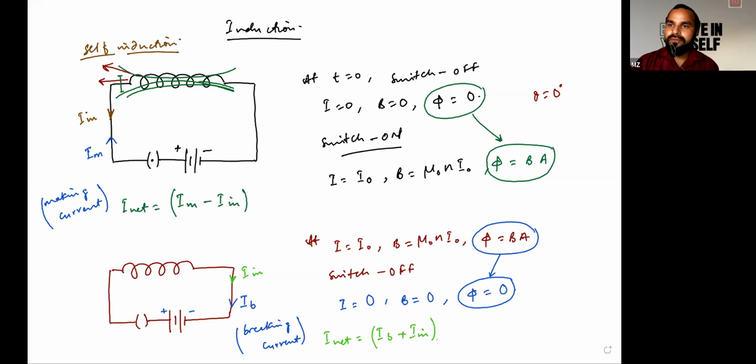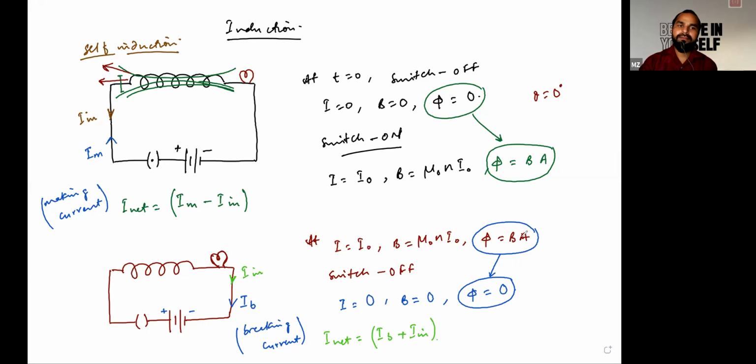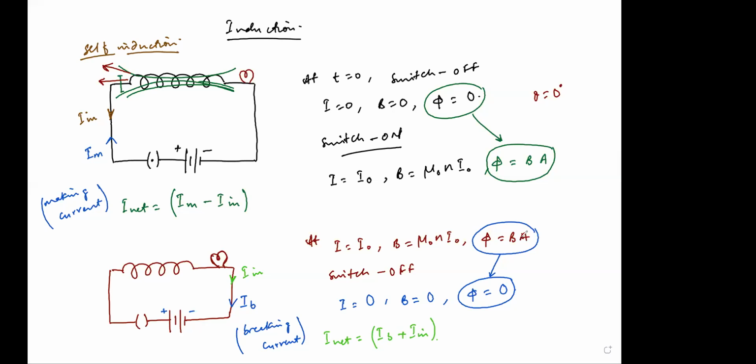Now, if I ask you, if I have joined a bulb in this circuit like this, just tell me in which situation the bulb will glow brighter. In the second.